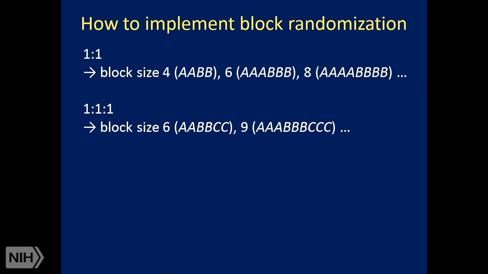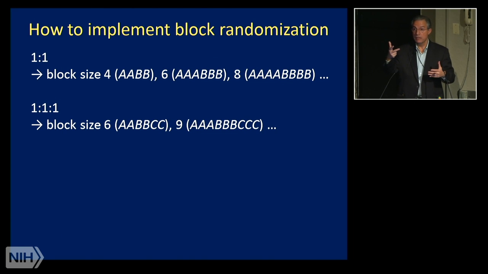So with 3 treatment groups, a block size of 3, meaning you have 1 A, 1 B, 1 C, you may want to go to the next one, which is 6. And that's it. You don't need to go to 9. So bottom line is you go with the smallest block size you can.